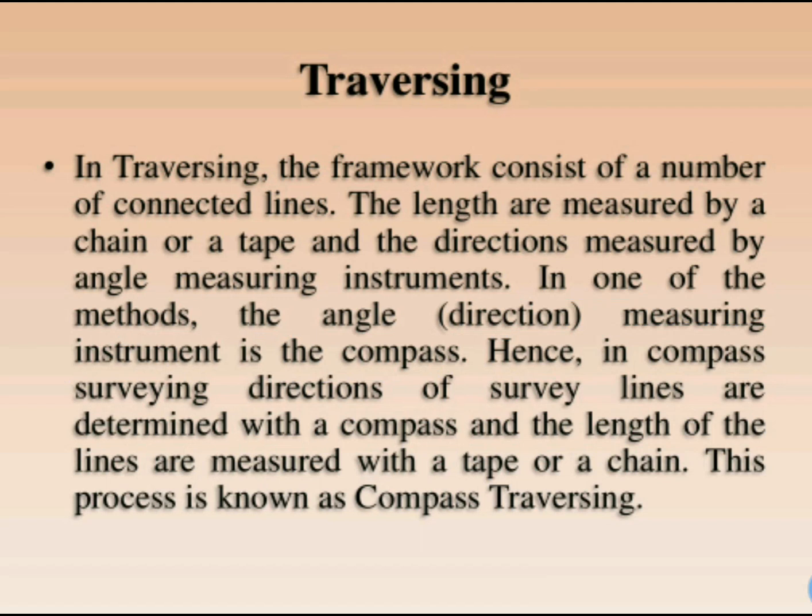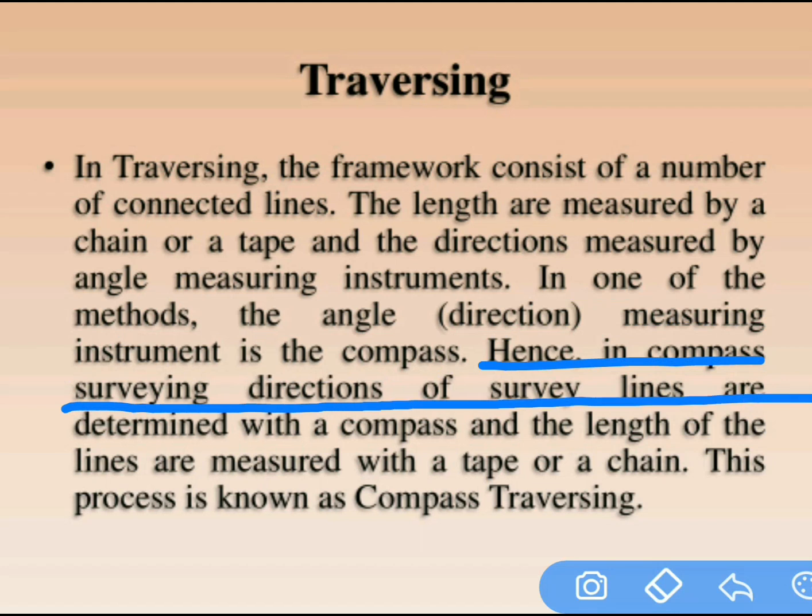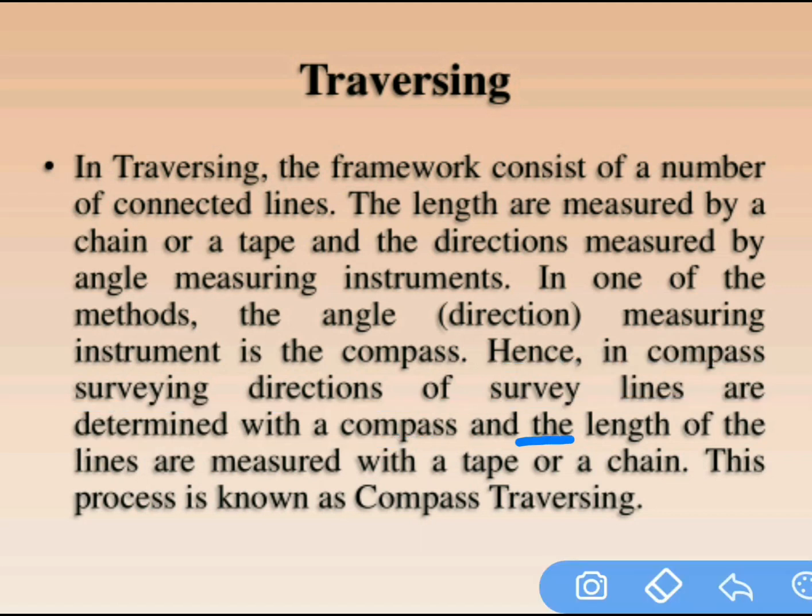Introduction to compass surveying, I told, right? Hence in compass surveying, directions of survey lines are determined with a compass. Next, the length of the lines are measured with a tape or chain, obviously.